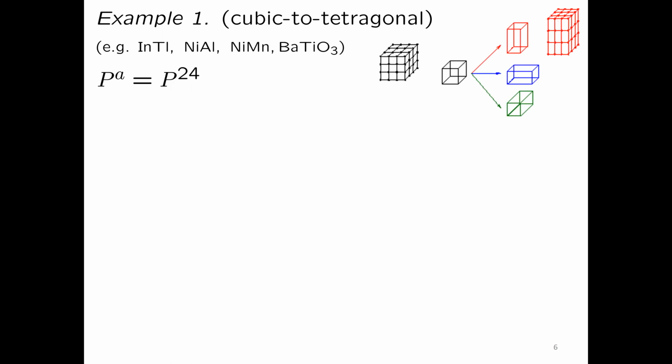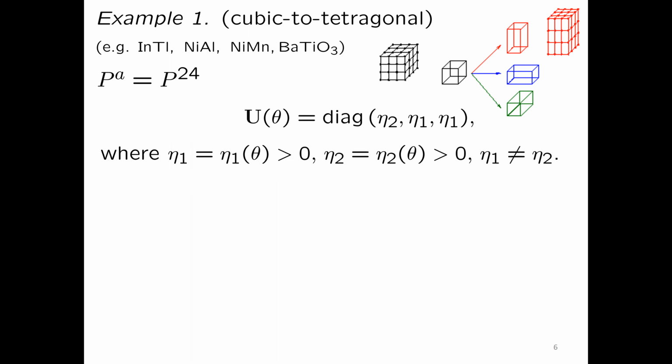That's right. So, for example, if we take cubic to tetragonal, again we'll take the point group to be the cubic group, and then you calculate those matrices Q U Q transpose, with U as you say diagonal (eta 2, eta 1, eta 1). So tetragonal is a brick-like object with two sides equal to eta 1 and one side different, eta 2.